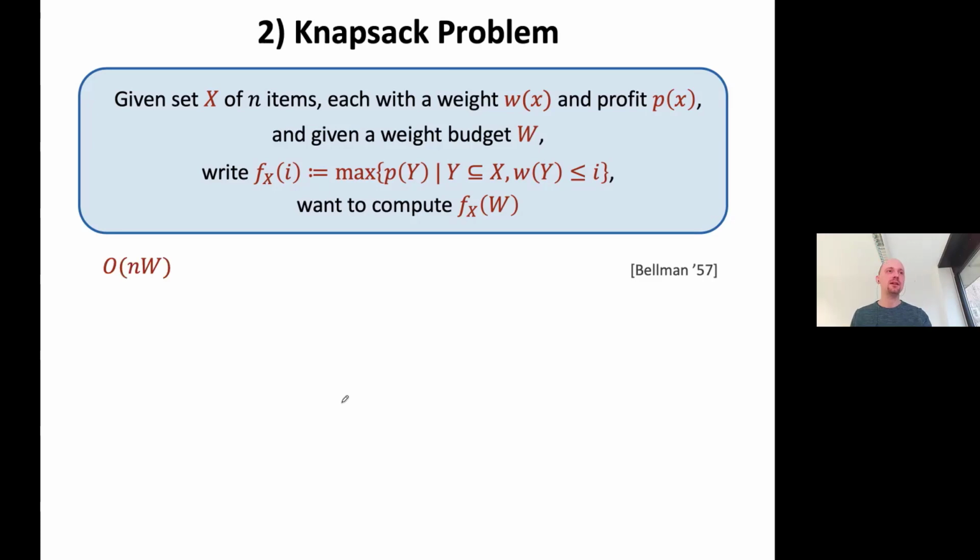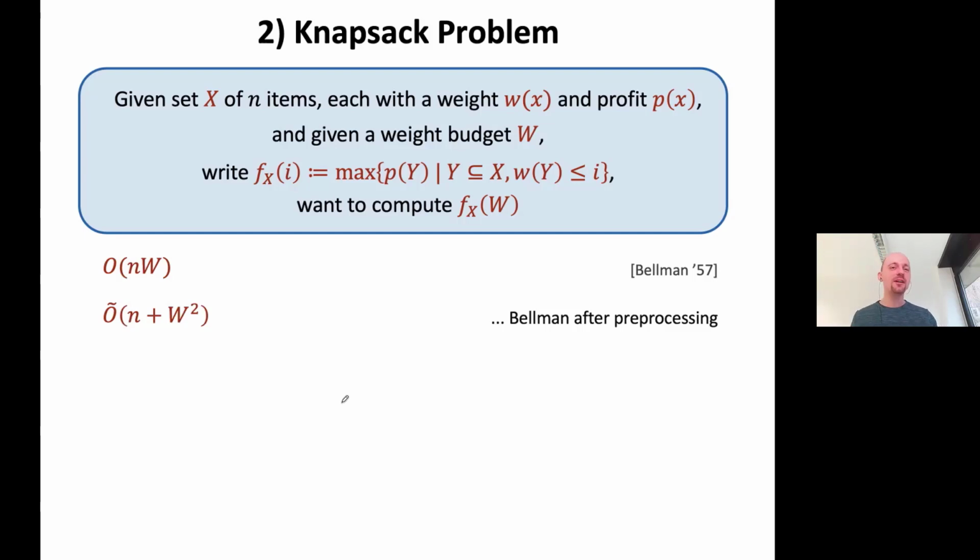We can solve this in time n times W, classic dynamic programming. Actually, a variation of this gives time n plus W squared, because for each particular weight I, you only need to store the W over I best items of this weight.